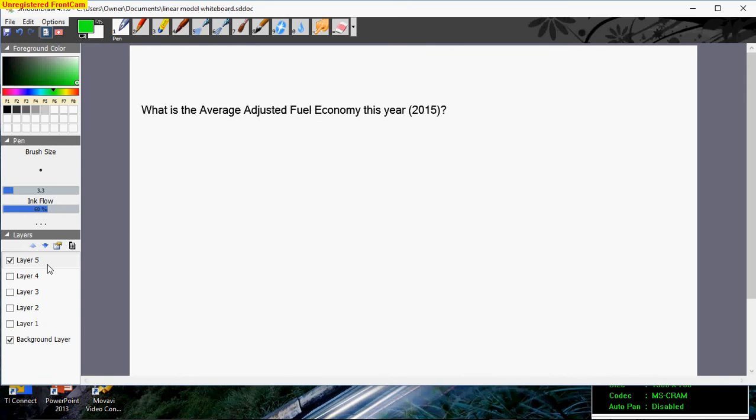First thing we need to do, always, is define our variable. So I'm going to do let t equal 15. Again, because 2015 minus 2000 is 15, and we decided to start counting from the year 2000 so we don't have any outrageous dates.